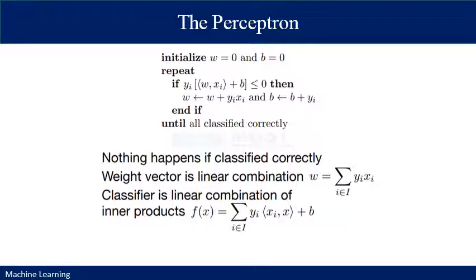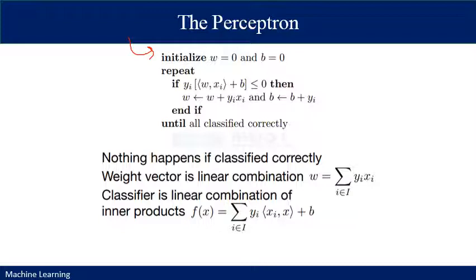So here is the illustration of the perceptron. You start with the initialization of weights and the bias term to 0, and you repeat until you find a linear classifier that is able to distinguish the positive examples from the negative examples. At each step you predict the values from your dataset and compare them with the actual values.